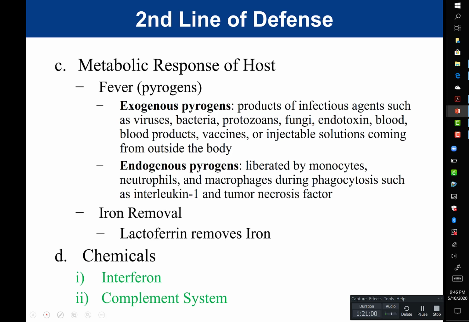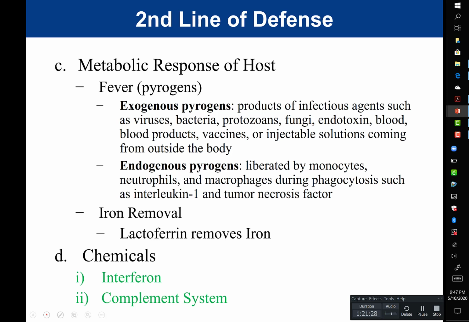The host is going to produce a fever, and a fever is initiated by what are called pyrogens. Think of if you ever hear somebody referred to as a pyro, they like heat or fire. So think of pyrogen as something that's going to turn up the heat in the body. It's going to initiate a fever.